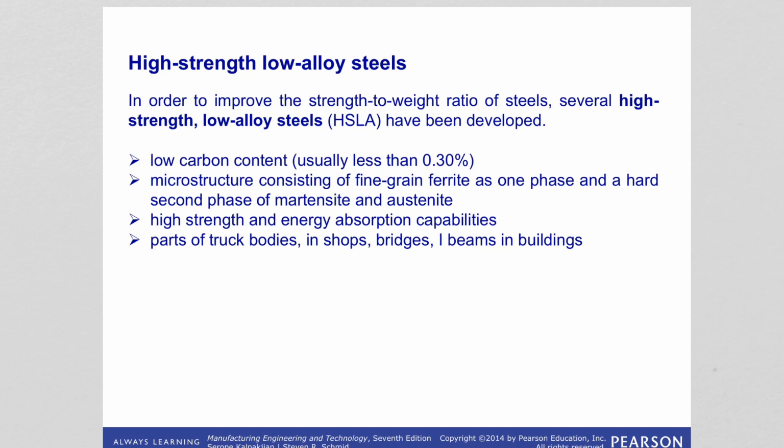High strength low alloy steels. In order to improve the strength to weight ratio of steels, several high strength low alloy steels, HSLA, have been developed. These have low carbon content, less than 0.3%.